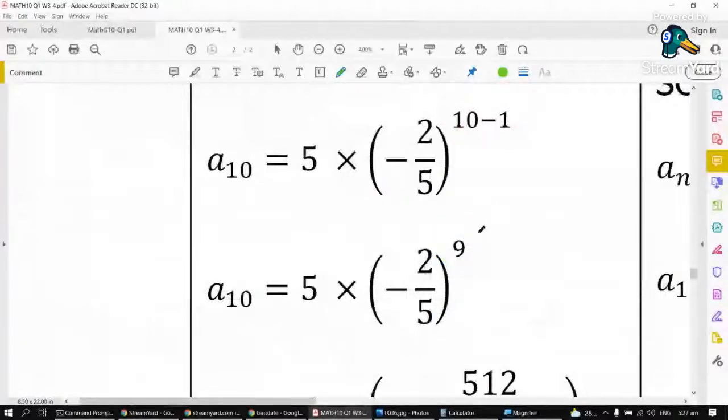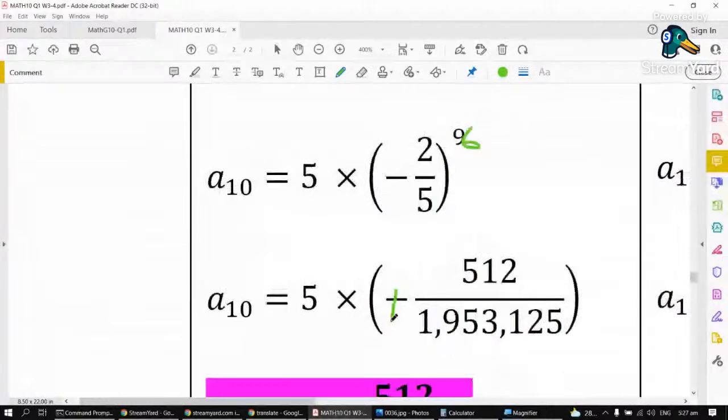Again, odd number na naman to, no? Kung ito ay even number, kunyari 12, kunyari 14, kunyari ito ay naging 96, even number, itong negative na to magiging positive ang sagot.